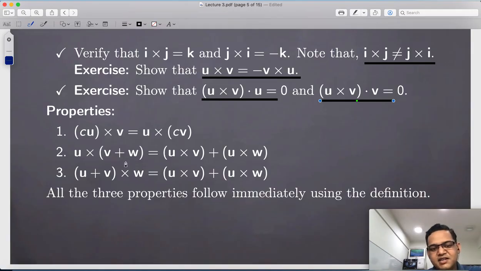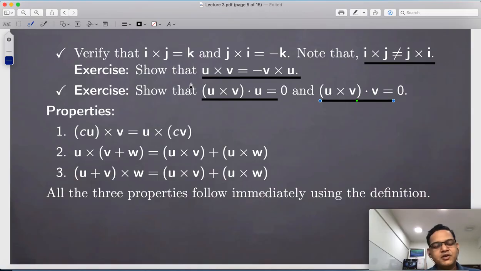Now what is the advantage of these things? For example, let us say that I want to prove this property which I have written here, u cross b is equal to minus b cross u. We know that I can always write any vector u in terms of i, j and k, isn't it? And I have these properties that i cross j is k and j cross i is minus k. Similarly, you can find what is j cross k and what is i cross k, and so on.